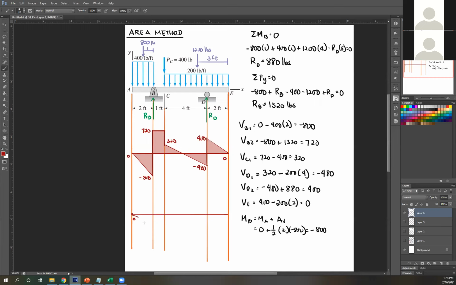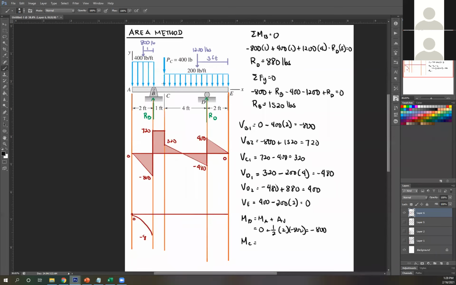You go down, parabolic slope, negative 800. Next, you have positive area, so you go upward by this area. Let's call that MC.